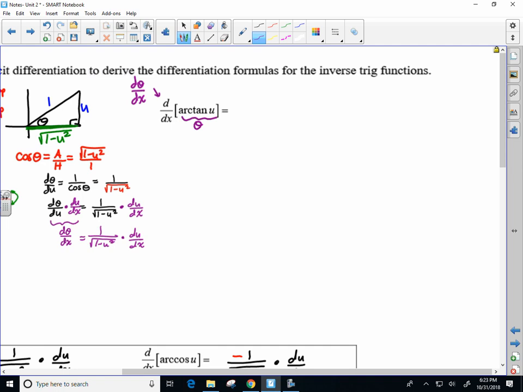So I'm going to jot somewhere that theta is equal to the arctangent of u. Now, instead of showing that I'm going to actually take the tangent of both sides and then simplify, I'm just going to go right to it and say that this is going to correspond to u equals the tangent of theta.